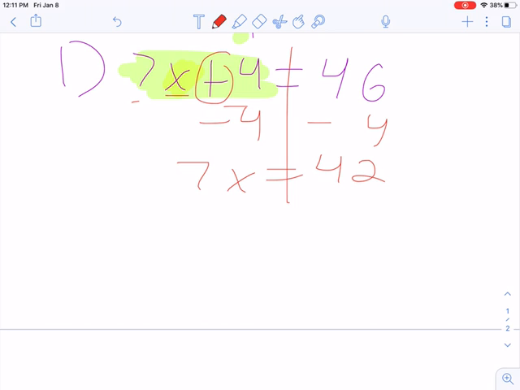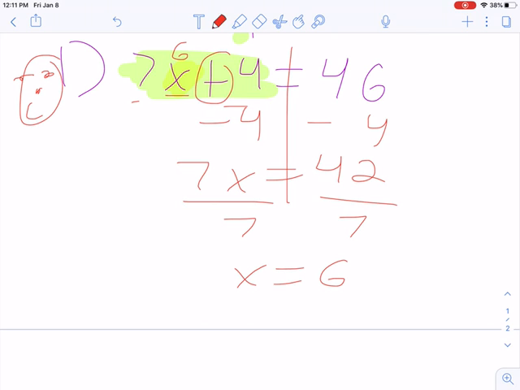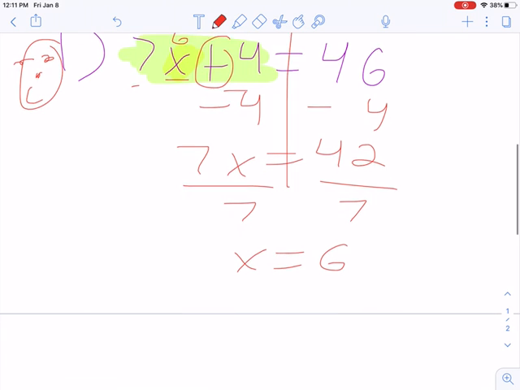Since I am multiplying, the opposite of multiplying is dividing, so I'm going to divide both sides by 7. I get x equals 6. Now to check my work, I put a 6 up here. 7 times 6 is 42, plus 4 is 46. I forgot to do that on my last ones, I do the smiley face, because that means I have the right answer.